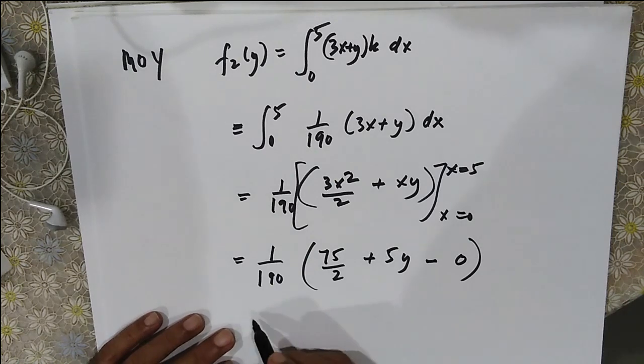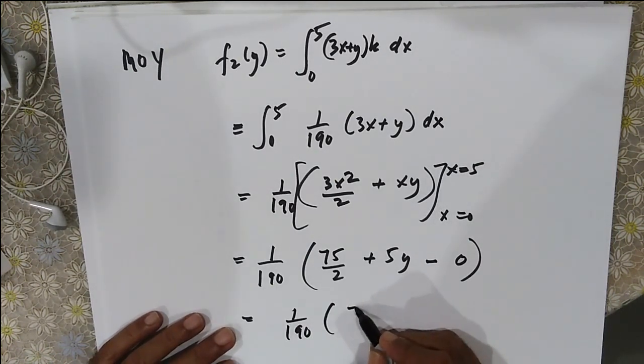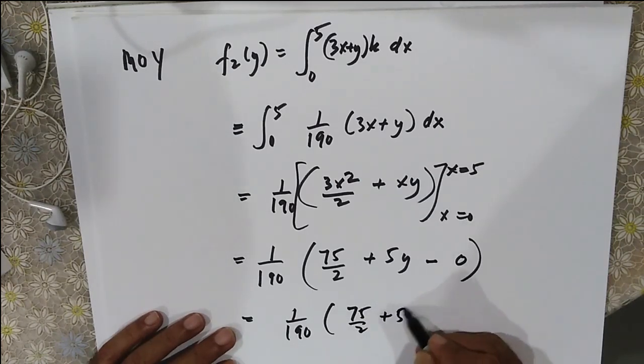So our new function here is 1 over 190 times 75 over 2 plus 5y.